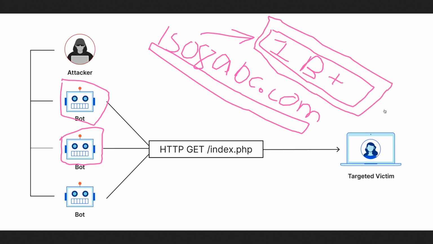The websites get overloaded and they can't function properly. Let's say 1.5 billion people visit the website. What will happen? The website will crash because it's not built to handle this large number of people. This is the vulnerability that the hacker takes advantage of.